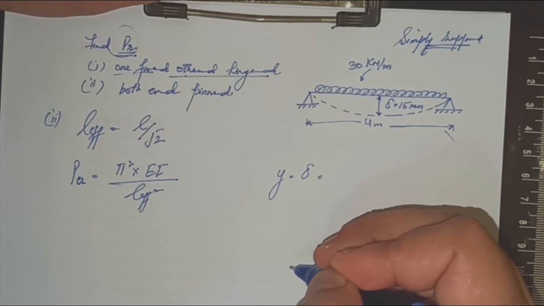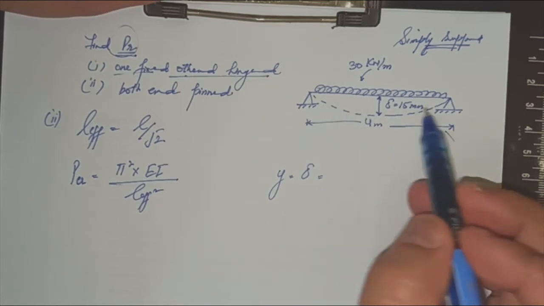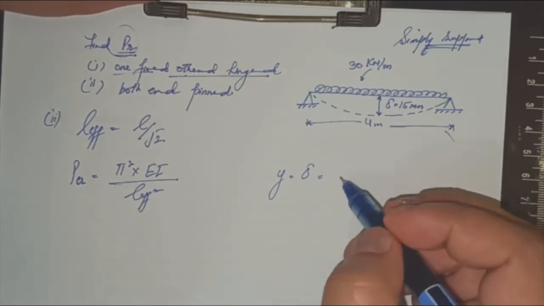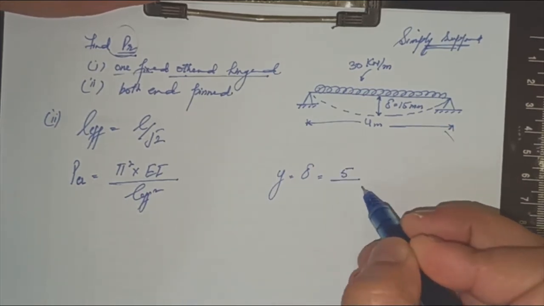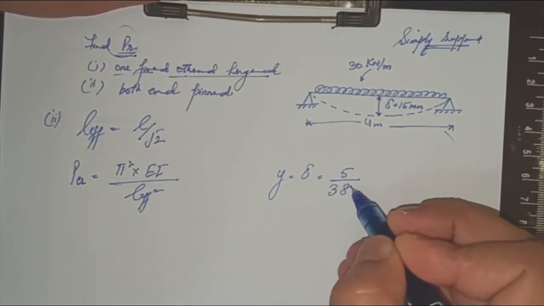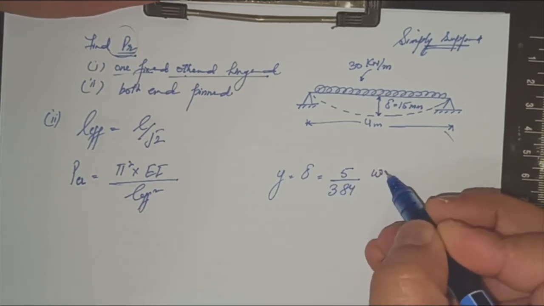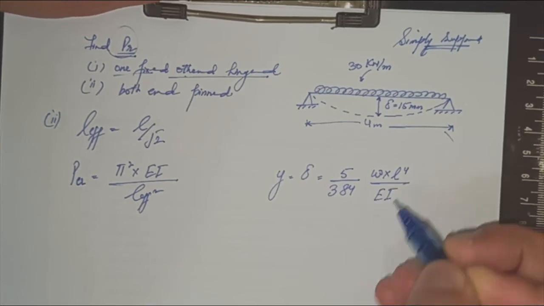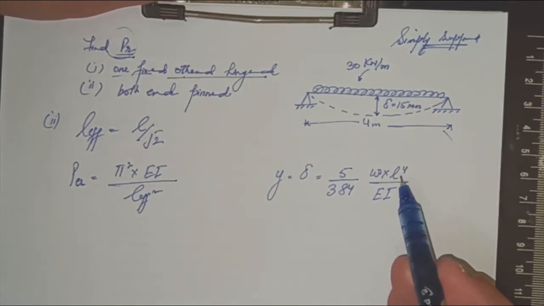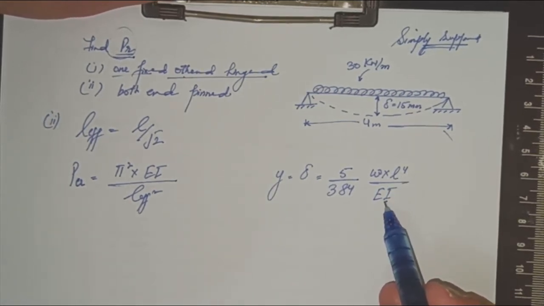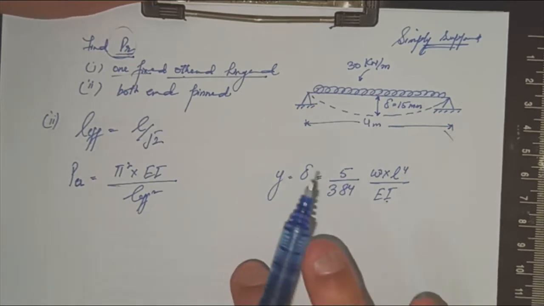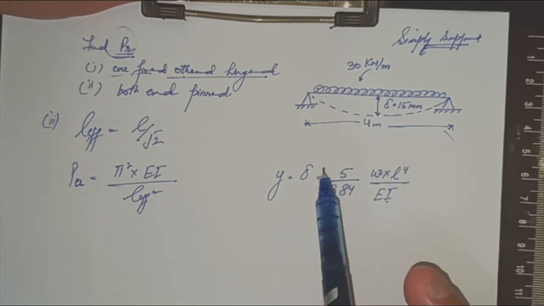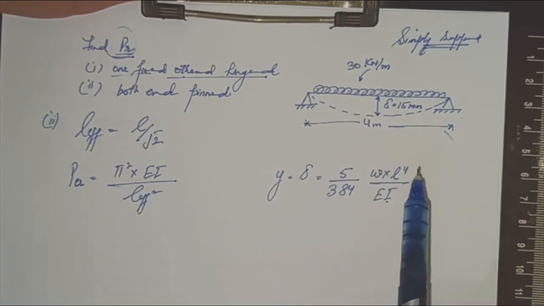The deflection for a simply supported beam with a UDL over its whole length, we have seen in one of the videos, is equal to 5 upon 384 times W into L to the power 4 upon EI. This we have already seen in one of the videos, where I derived the expression through Castigliano's theorem.